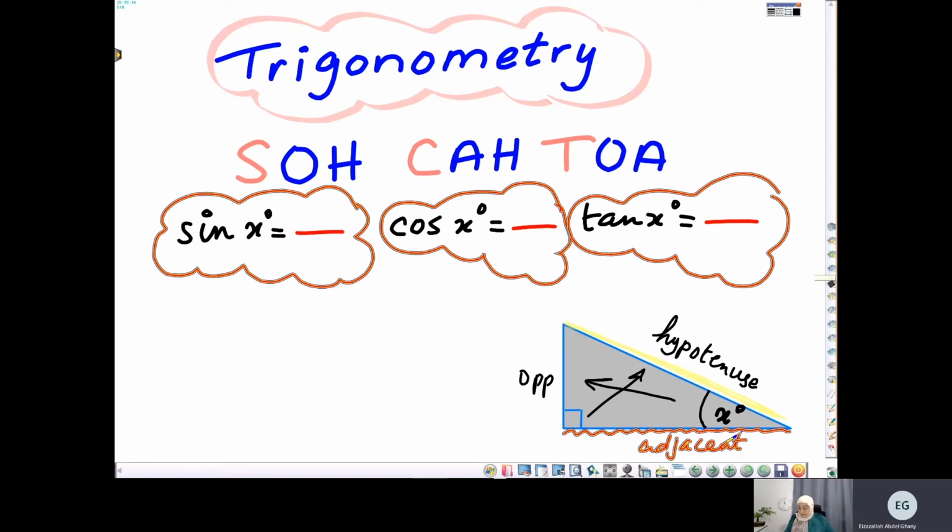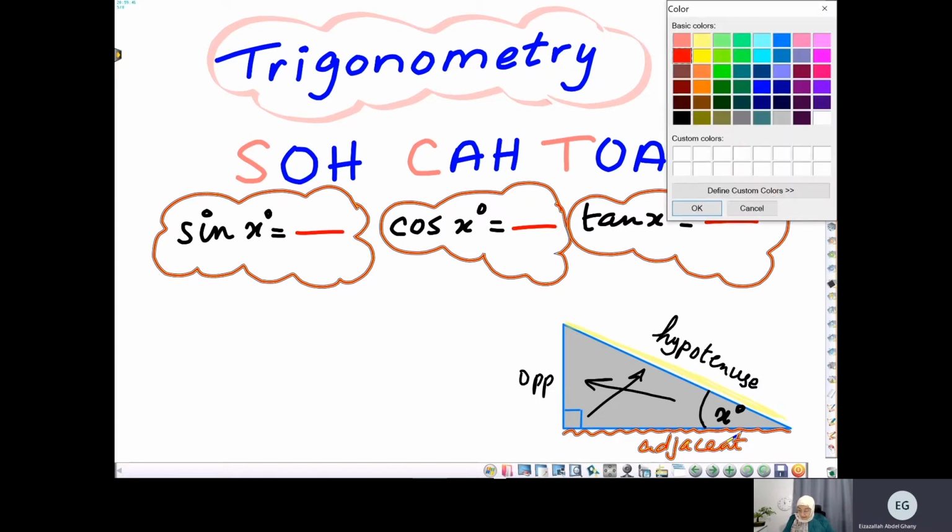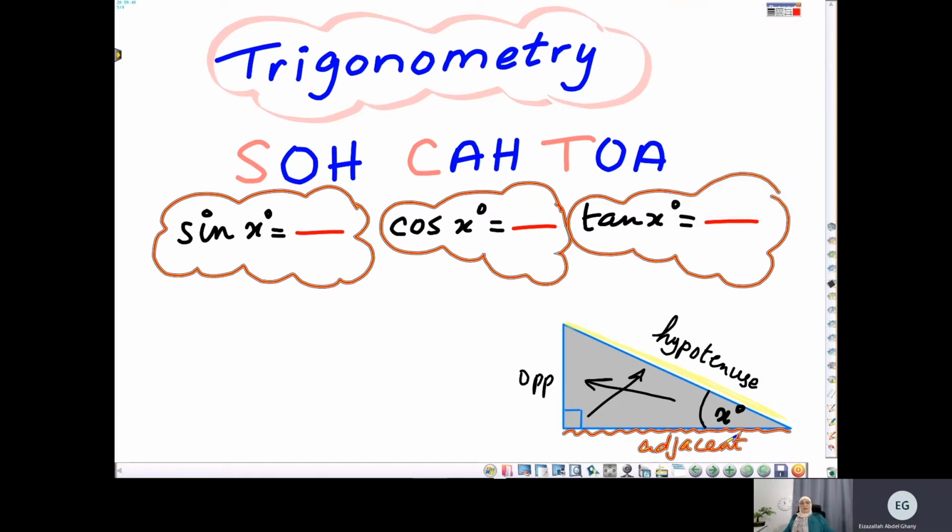There is a very famous word, we'll take it today. It is SOHCAHTOA. It looks like a Japanese word. SO stands for sine, and it's a ratio.